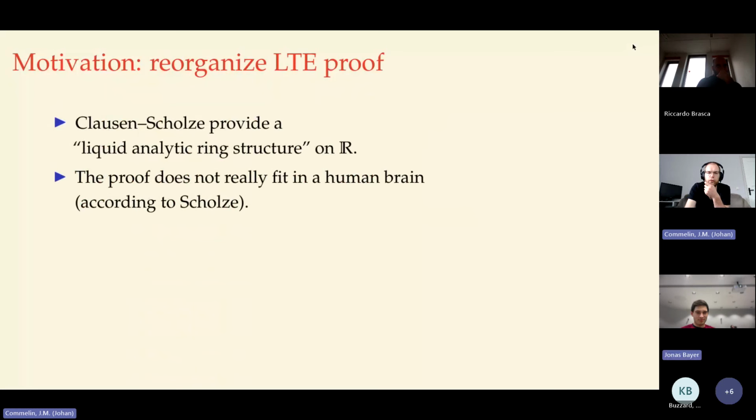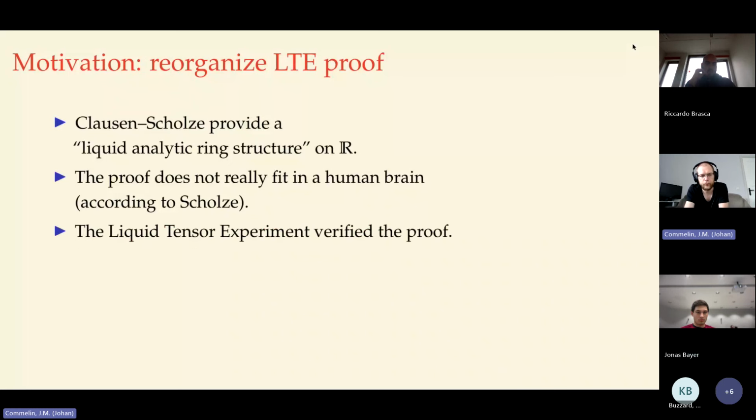The reason why Schulze challenged us to work on a formalization of this proof was that the proof is pretty complicated, and according to Schulze, it doesn't really fit in a human brain. And I haven't really heard of anyone who challenges that claim.